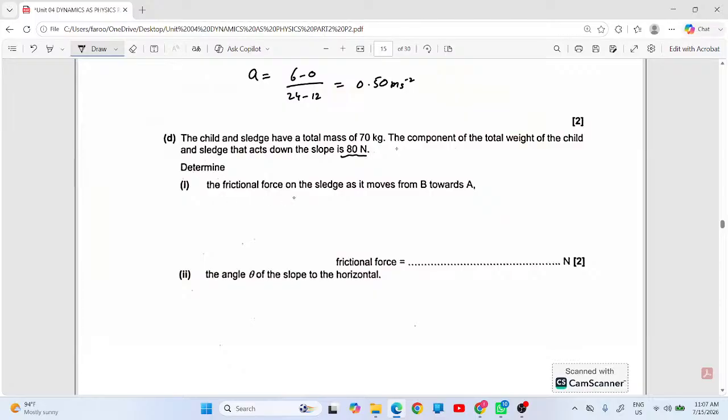Determine the frictional force on the sledge as it moves from B towards A. ये नीचे आ रहा, मोमेंटम बदला करेंगे हम? हम कौन सा फॉर्मूला लगाएंगे? ये B से A, this is the weight, और उन्होंने बताया the component of total weight of the child and the sledge that acts downward is 80 Newton. This one is 80 Newton.